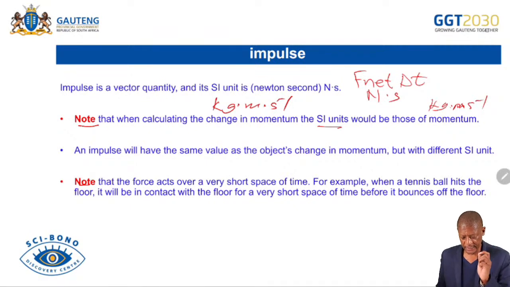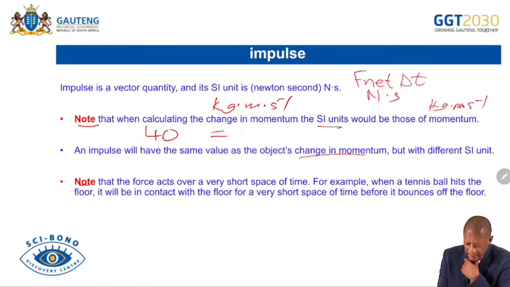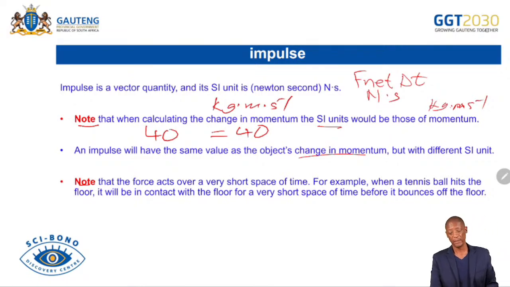Now, impulse will have the same value as the object's change in momentum. In other words, if we calculate impulse, it is going to have the same value. Let us say our impulse is 40. Then the change in momentum is going to be 40. What's going to differ then is the SI unit.